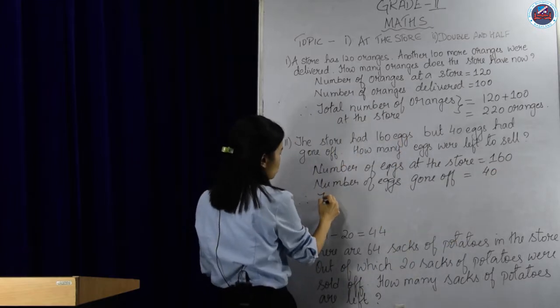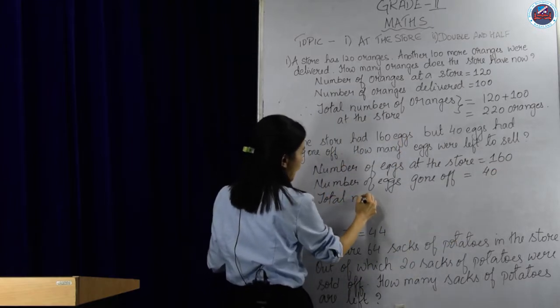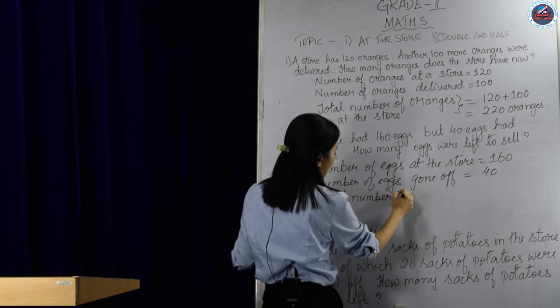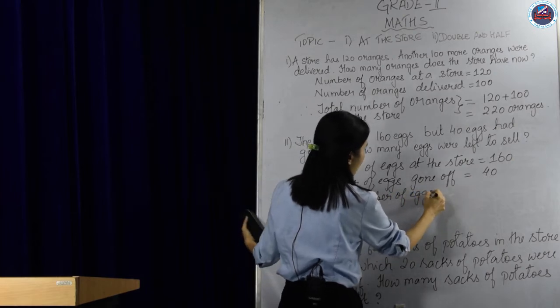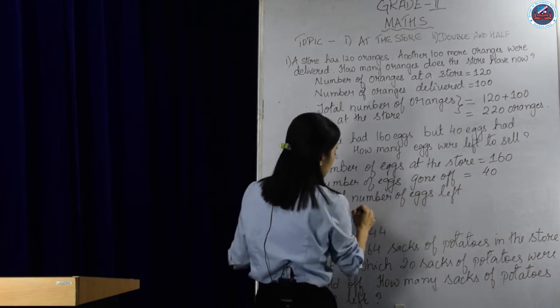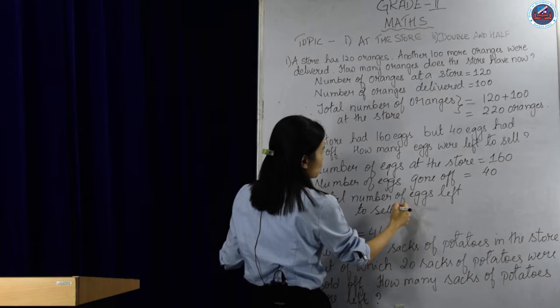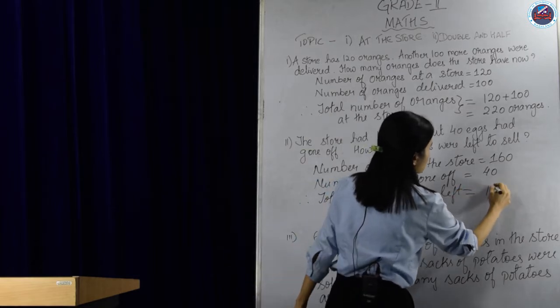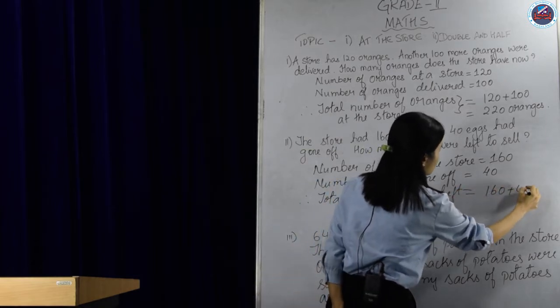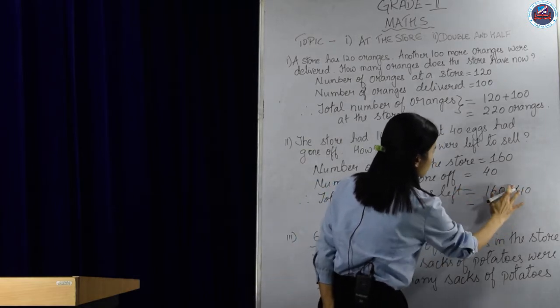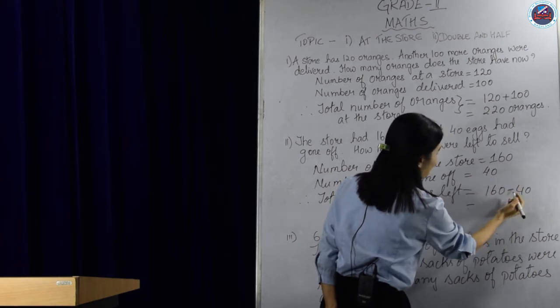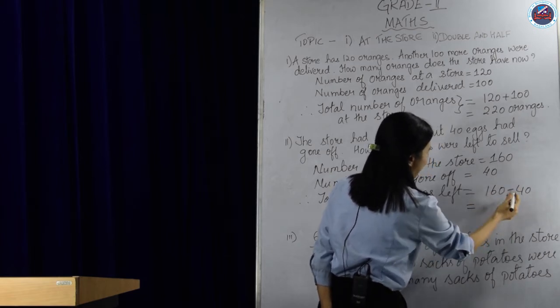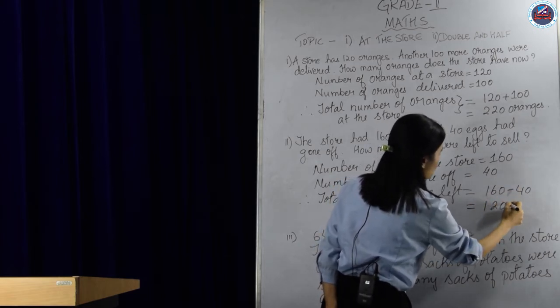Therefore, total number of eggs left to sell equal to 160 minus 40 equal to 120 eggs.